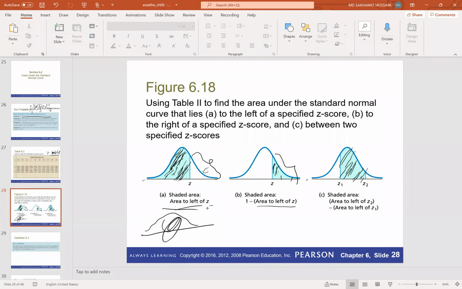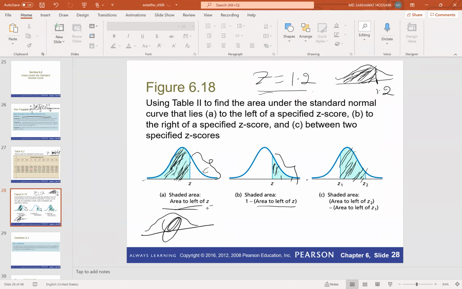The Z table we will be using in this course will always give you the area to the left. That means if you look at a specific Z score, for example 1.2, it will give you the area on the left of this number. It will always give you this area, not the area on the right side.